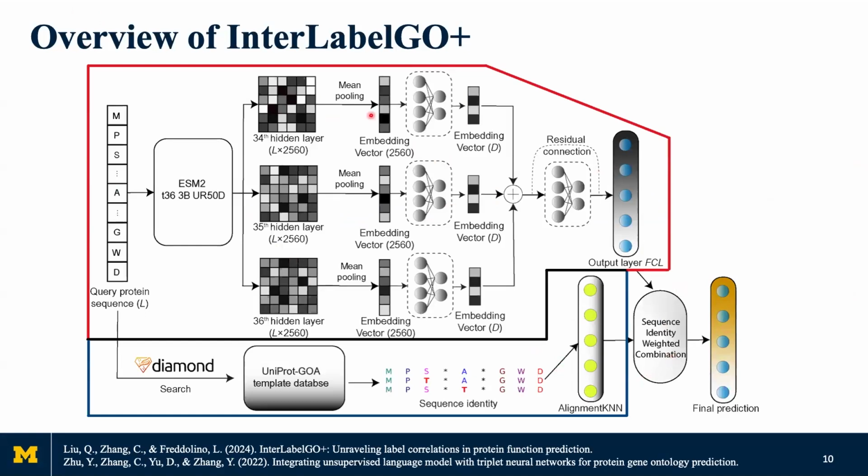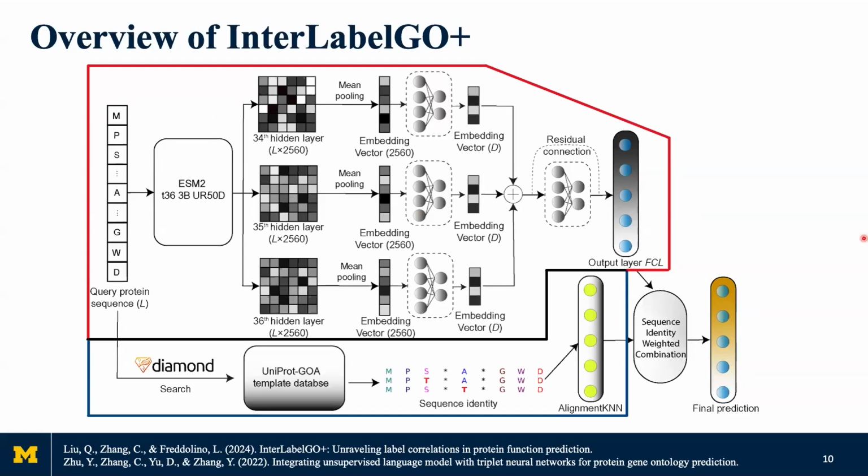The deep learning component uses a protein language model for feature extraction. It extracts the last three hidden representations from the protein language model, followed by a simple MLP for classification.